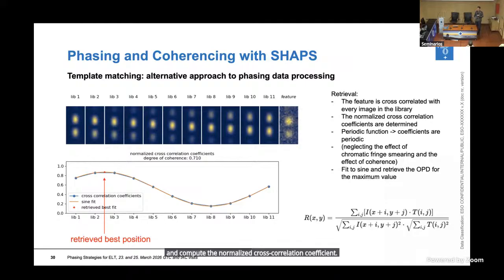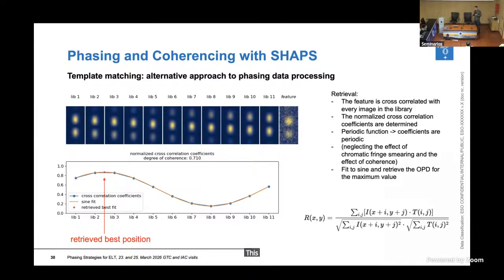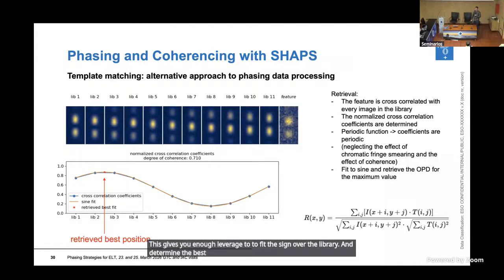So the whole thing is, of course, a harmonic function. It's an interferometer. So, of course, the resulting NCCs, the normalized cross-correlation coefficients, lie on a sine curve. This gives you enough leverage to fit the sine over the library and determine the best retrieved position.